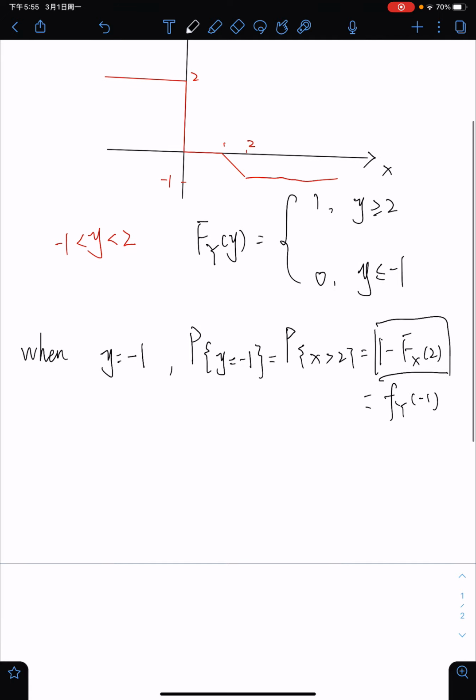Okay, and then when y is greater than -1 and less than 0 is here. The distribution function of y equals to, this is an easy way, so I will write it directly.